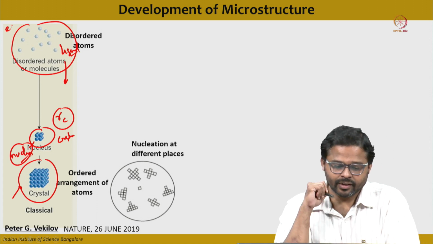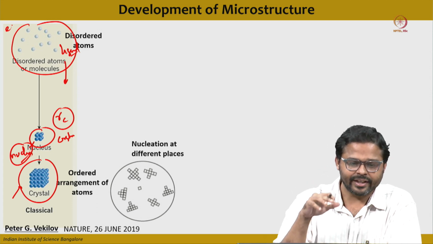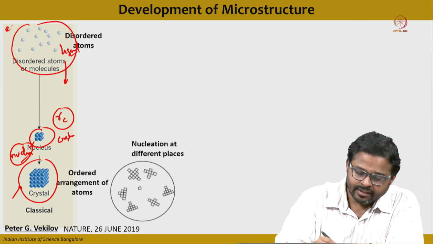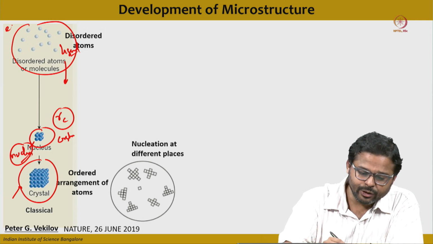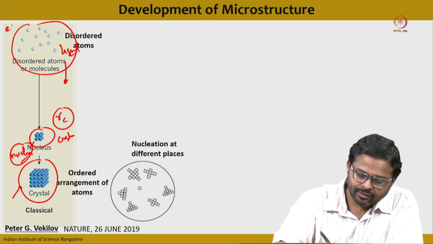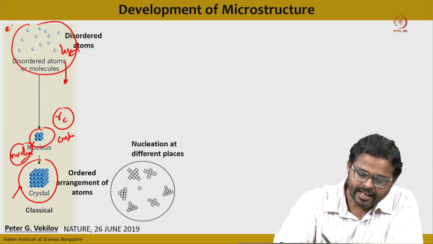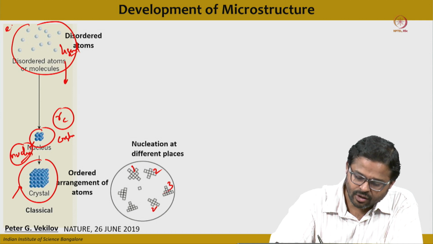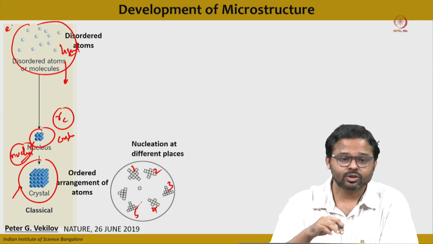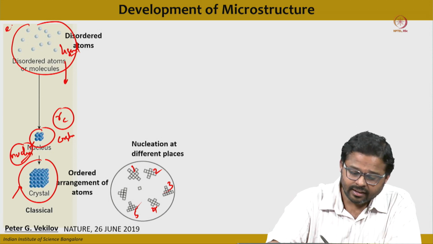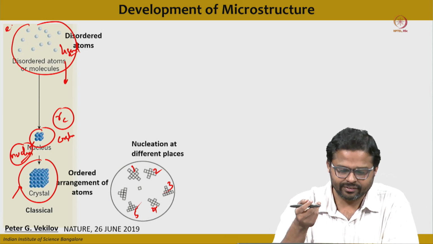Fine. Now if there is a liquid, it might be possible that the atoms can come together to form nuclei at different locations. So first location, second location, third location, fourth location, fifth location. So they can nucleate randomly at any place in the liquid, correct.